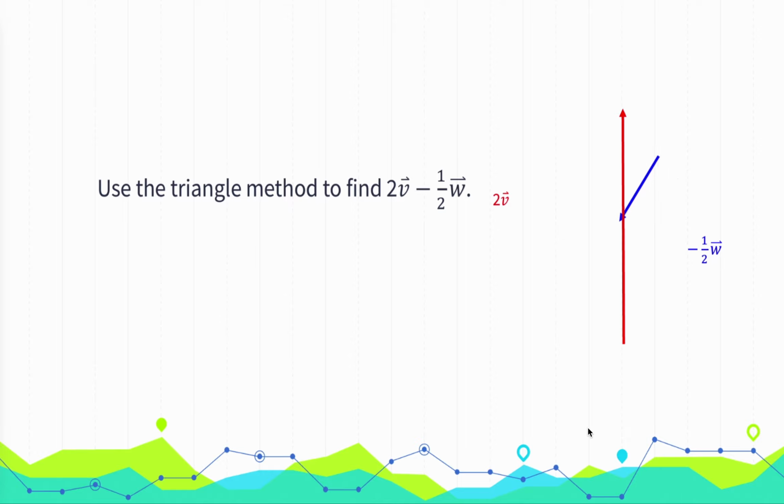Arrange them so that they are tip to tail, and you get the resultant vector. It looks like this. That would be your 2v minus 1/2 w.